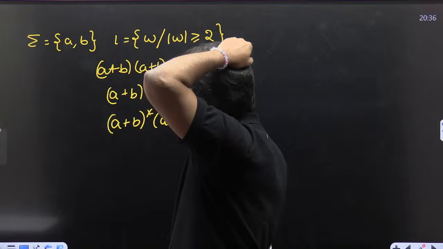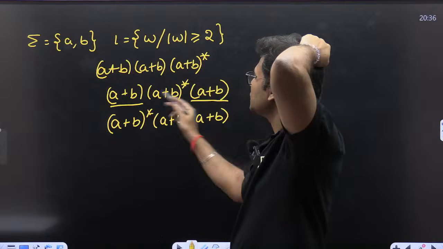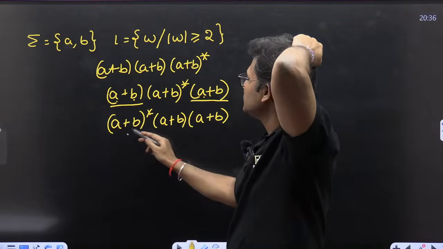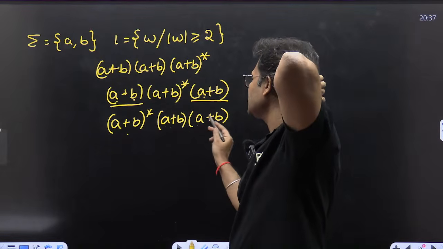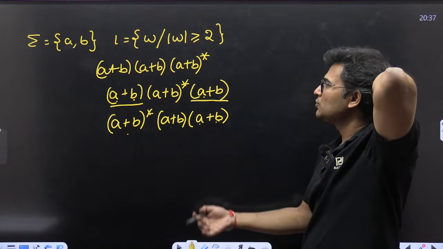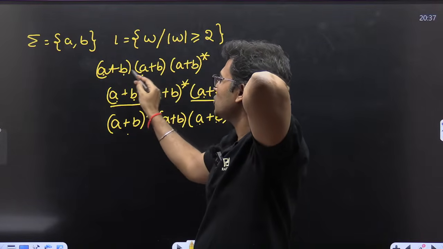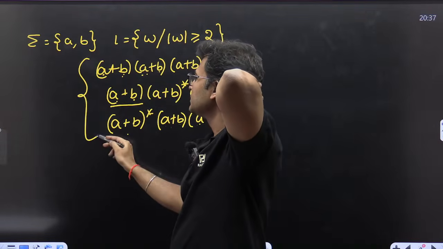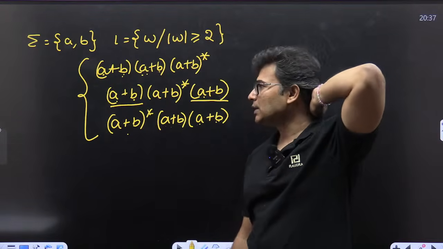So if you see this, this is the set of all strings starting with A ending with A, starting with A ending with B, starting with B ending with A, starting with B ending with B. This is the set of all strings ending with AA, ending with AB, ending with BA, ending with BB. There are various ways you can talk about it. What is this? This is the set of all strings starting with AA, starting with AB, starting with BA, starting with BB. Or all of this put together is the set of all strings of length at least 2.